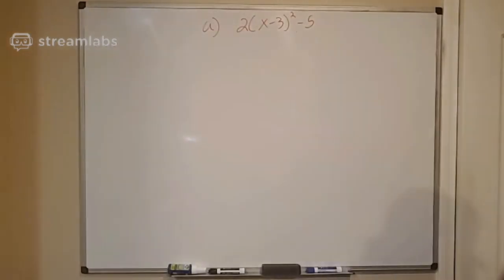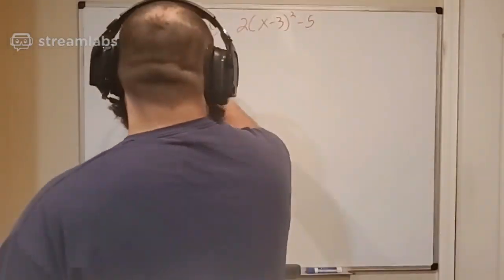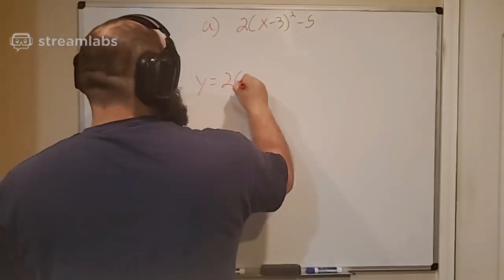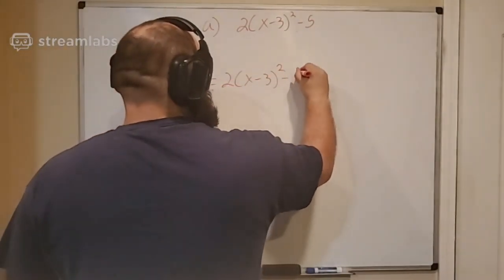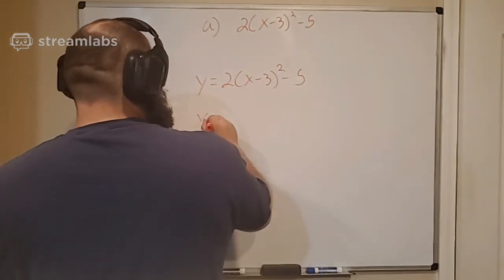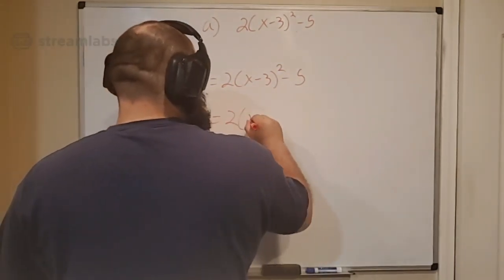Yeah, so that is your part from A, which you will need to find the inverse. So y is equal to 2(x - 3)^2 - 5. So switch x and y.